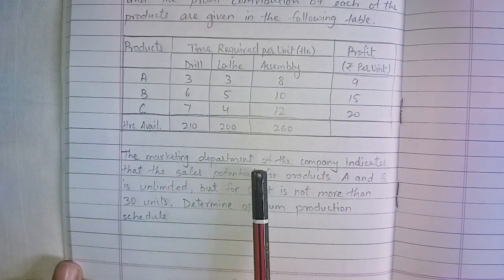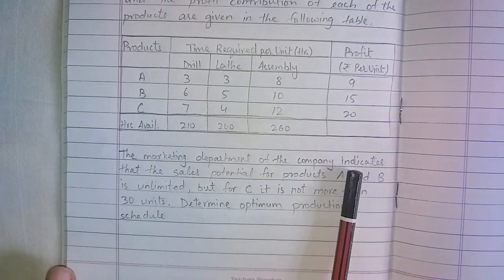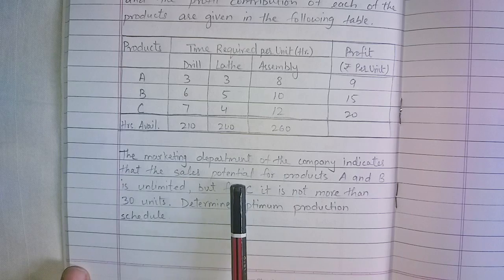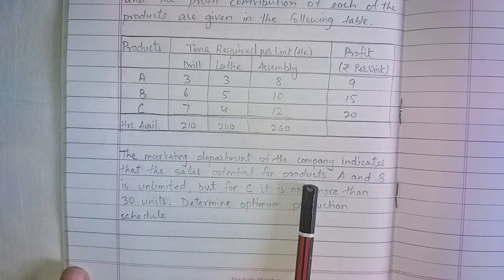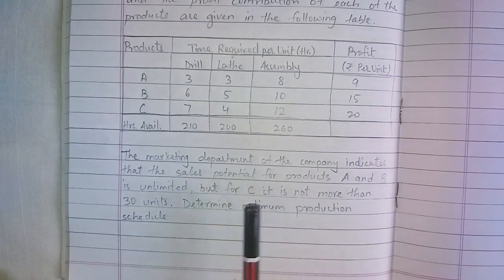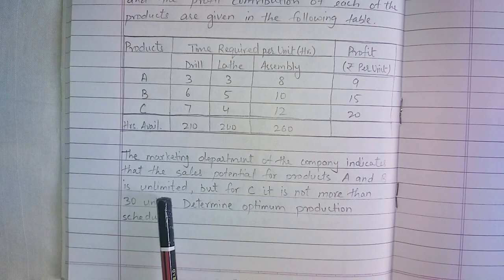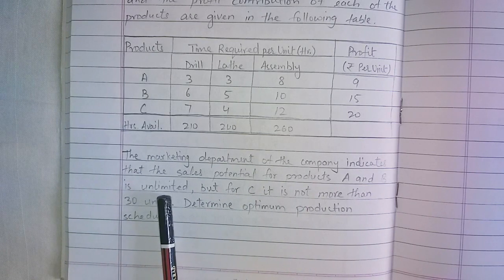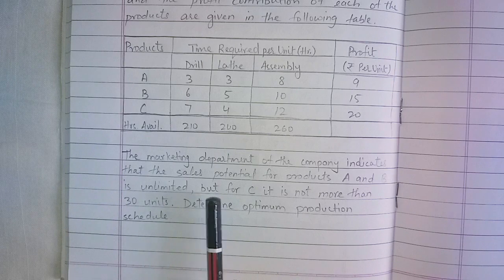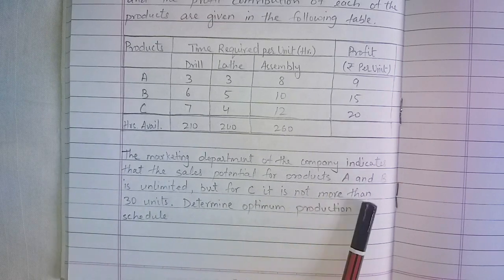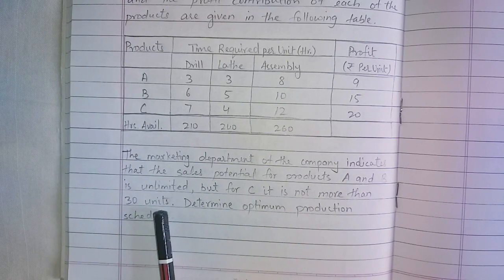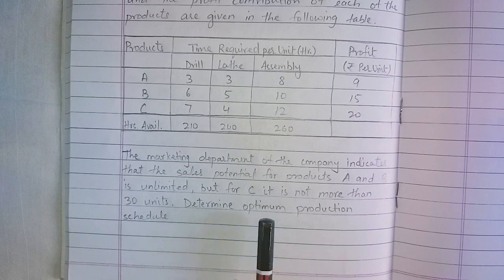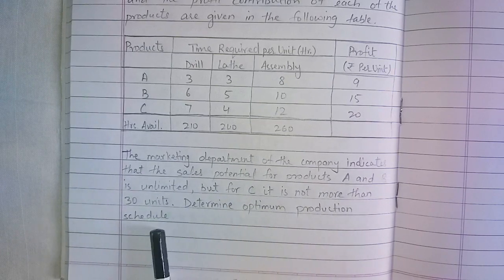Now the marketing department of the company indicates that the sales potential for products A and B is unlimited. So we have a condition here, a constraint here. But for C, it is not more than 30 units. Determine the optimum production schedule.